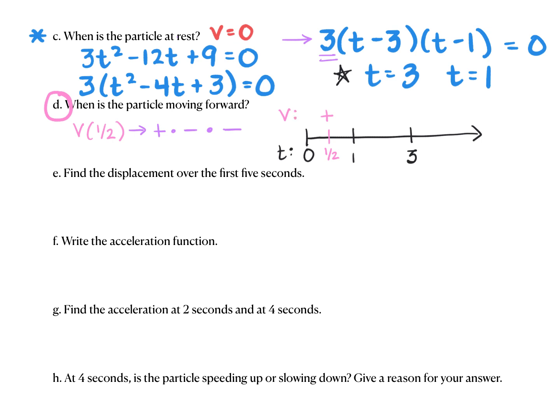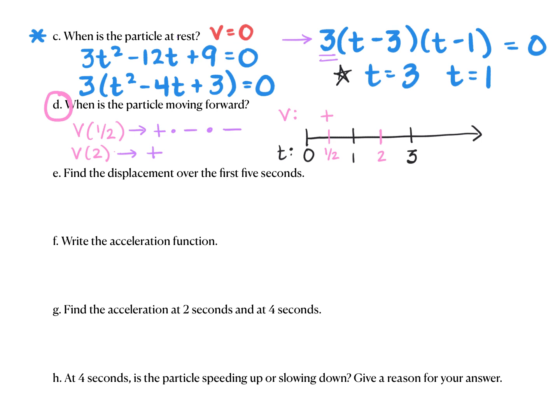Okay, let's repeat that process. Let's pick a number on this interval from 1 to 3. So let's pick 2. And really what I want to know is, what is the velocity at 2? But all I really care about is, is that velocity positive or negative? So again, using that velocity equation that's up there that's factored, the 3 is always going to be positive, right?